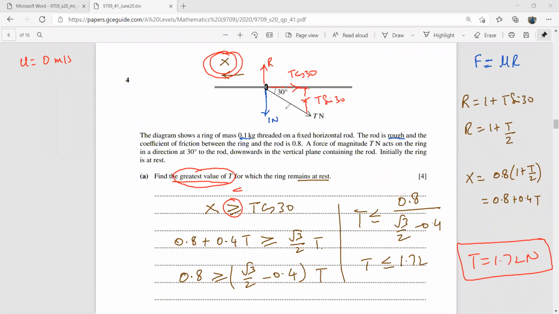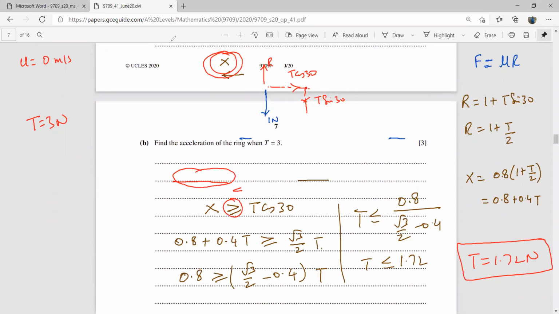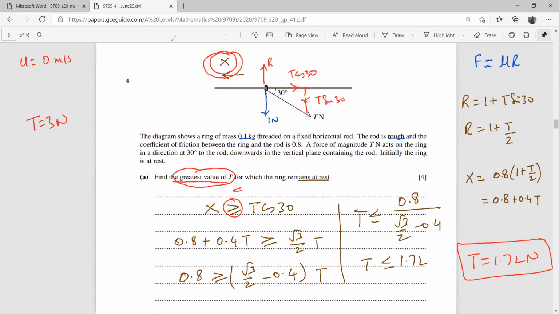Okay, next, in the second part, it is asking what is the acceleration when your T is 3. Let us read that question again, because we just missed that while discussing this. It says find the acceleration of the ring when T is 3. I don't want to erase all this working and diagram here. Now, can I use the same resisting force here?